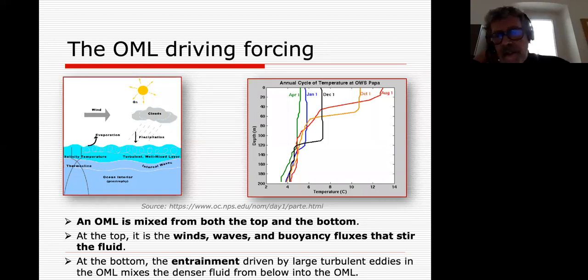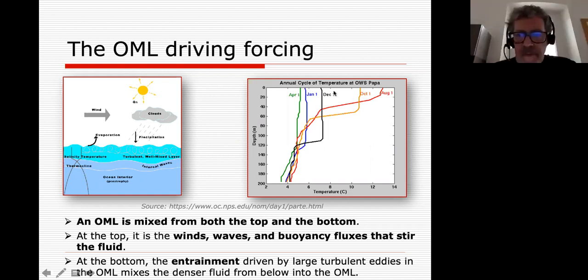This is an even more common depth that can be found in open ocean. This is a very famous weather station set in open ocean called Papa. And you see that this mixed layer in December is very deep. On the contrary, in summer it is much shallower and has a less well mixed part at the surface.